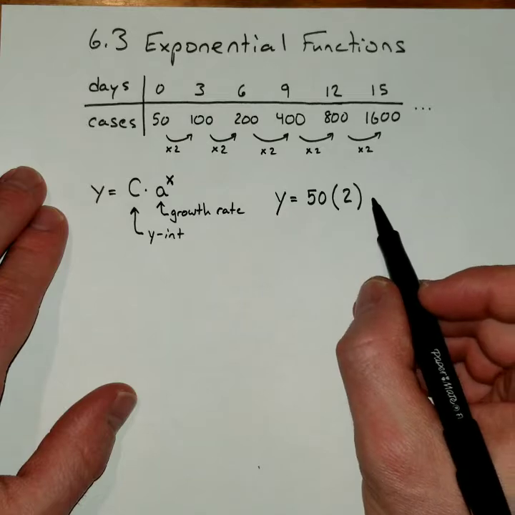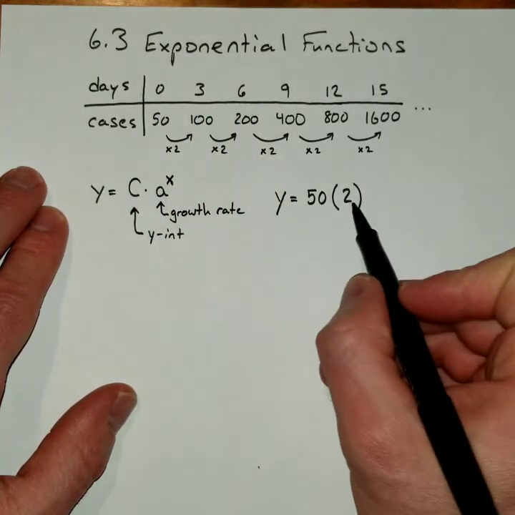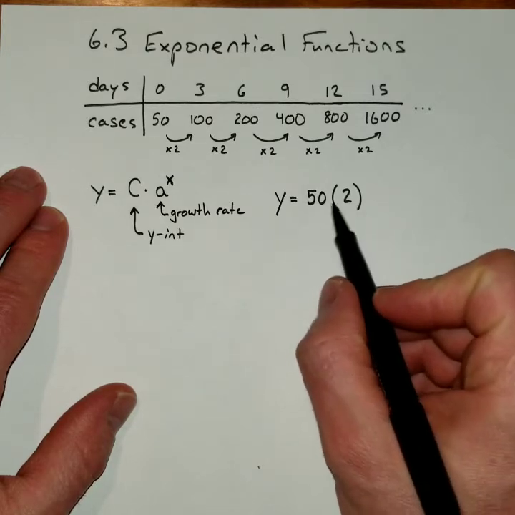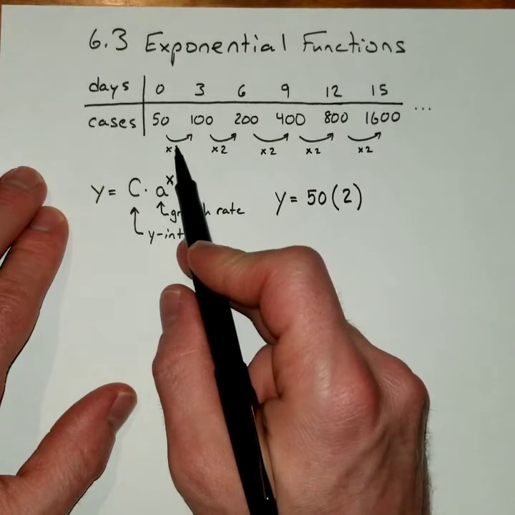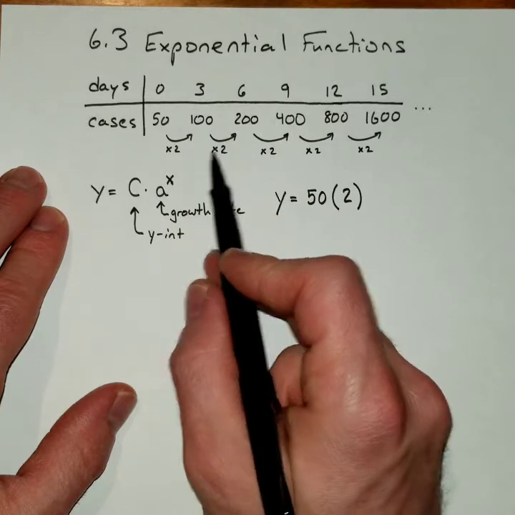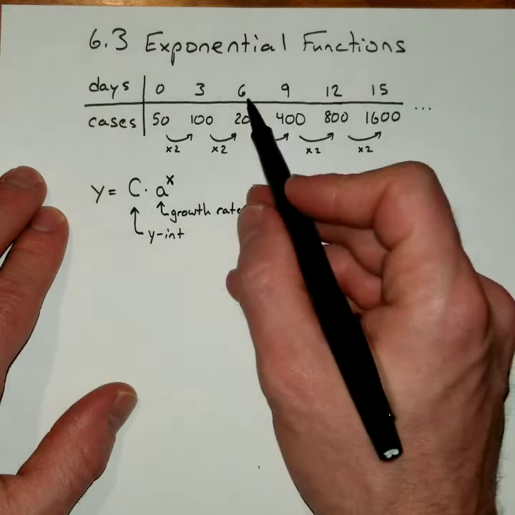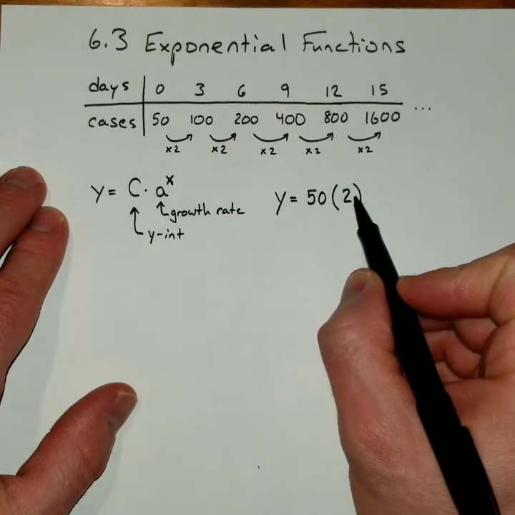So if I want to stick with x being the number of days, I actually have to think about this in terms of the powers of 2, the number of factors of 2. Every time you double, you want to go 3 days. So 1 factor of 2 should be 3 days. 2 factors of 2 should be 6 days. So if I want to insert a 6, I only want 2 of these 2's.